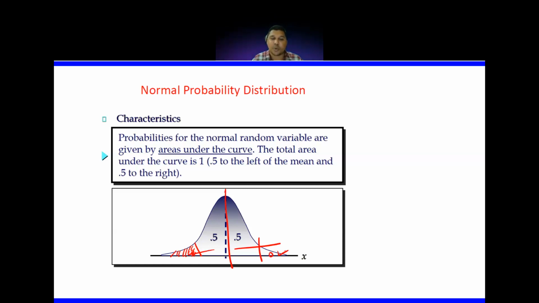If this is 0.2, this small one is 0.1, this range is 0.3, maybe this is 0.4, and the total is 0.5. So probabilities are given as areas under the curve. The total area under the curve is 1, 0.5 on the left and 0.5 on the right.